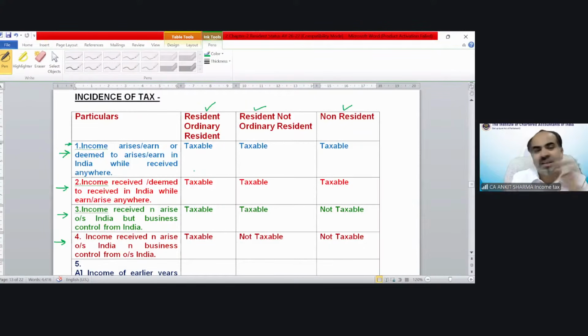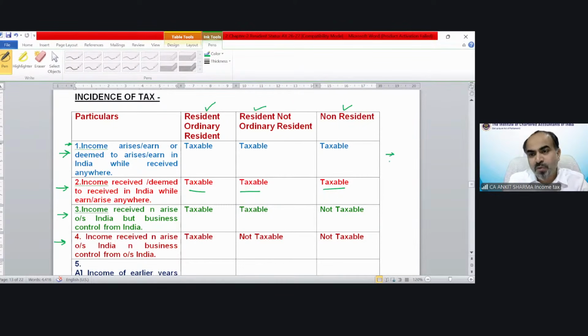That is going to be taxed for everyone. Now, if you earn any income which falls in point number 2, still it's going to be taxed for all kinds of residential status. So it does not make a difference whether you fall in resident ordinary, not ordinary, or non-resident.